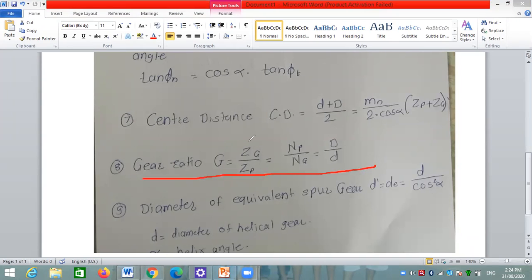Zg is the number of teeth on the gear, Zp is the number of teeth on the pinion. Np is the speed of the pinion, Ng is the speed of the gear, and capital D by small d is the diameter of the gear upon diameter of the pinion. This is the formula for gear ratio.